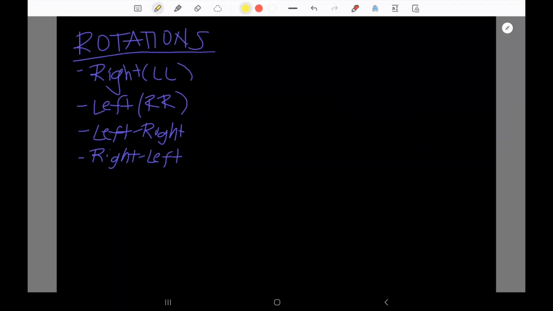So now we're gonna deal about the rotations of an AVL tree. So first we have right, I mean right, which is a left or right rotation.